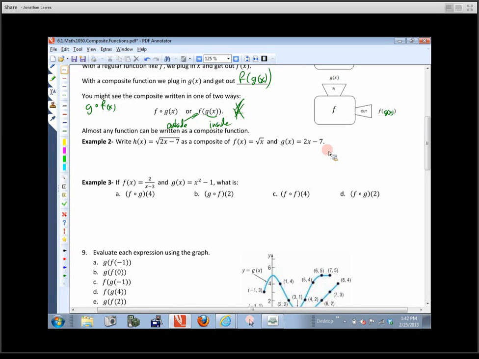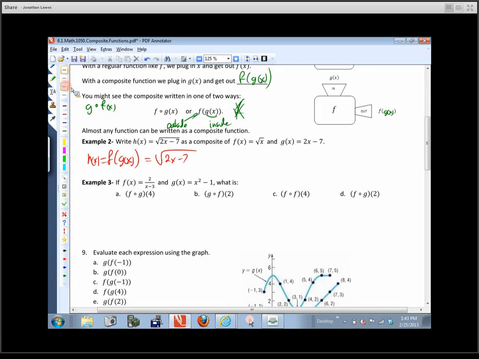Say that again? Okay, so this is f of g of x. That's what h of x is. And the reason is, if I take the function f, it's a square root. What are we going to plug into that? We're going to plug g of x. What's g of x? 2x minus 7. So there's the composite. It's a composite of f of g of x.